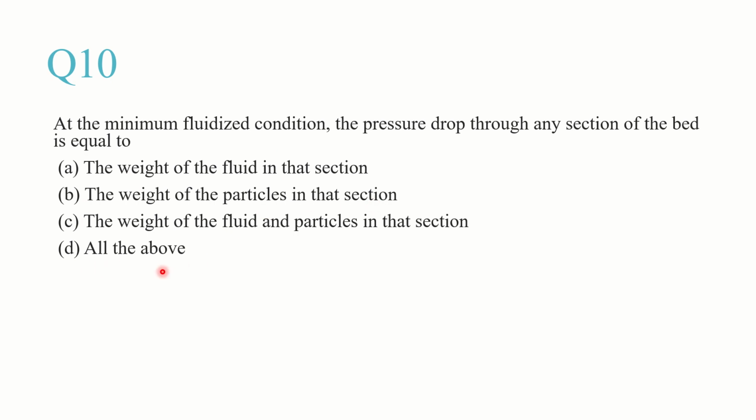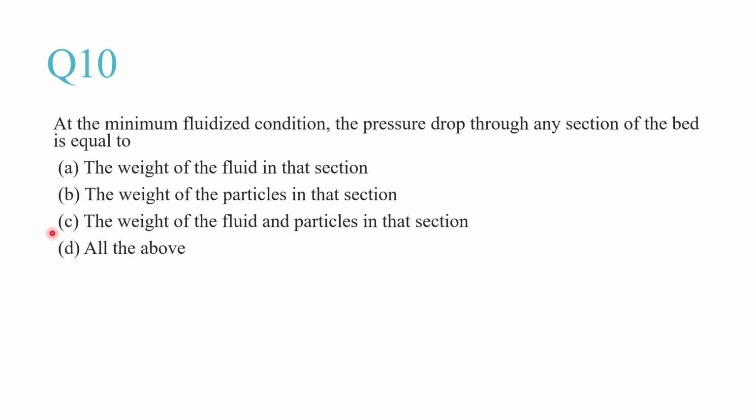So what happens is that we vary the fluid velocity, and at one point we reach the minimum fluidized condition where the particles would be suspended in the bed. So the pressure drop is equivalent to the weight of the particles suspended in the fluid, that is the fluid together with the particles. That weight is equal to the pressure drop.